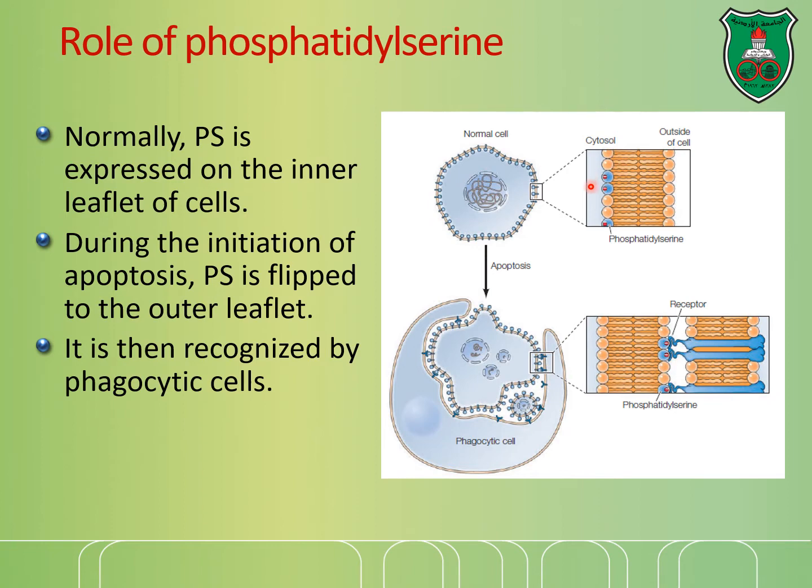Now, what happens during the process of apoptosis is that phosphatidylserine is flipped, so now it is exposed to the outside of cells. And phosphatidylserine in this case would be recognized by phagocytic cells that carry out phagocytosis of these dying cells.